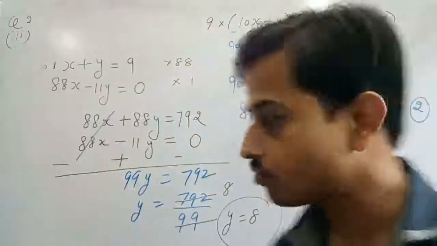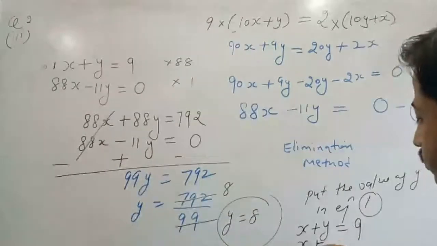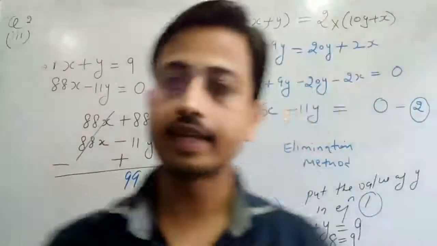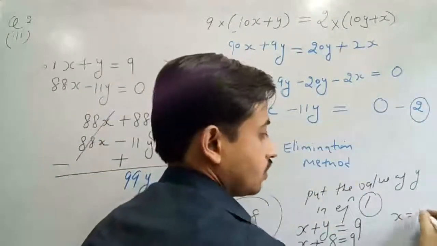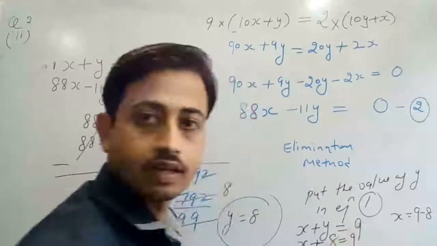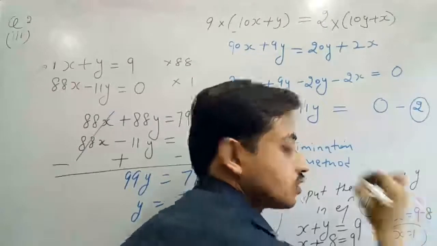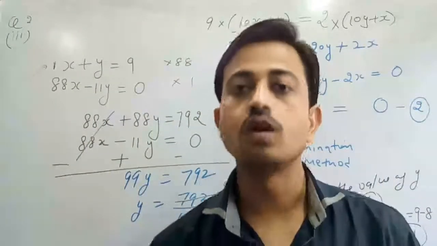Now what's the value of x? The value of y is 8, so x plus 8 is equal to 9. Take 8 to the right side. So x is equal to 9 minus 8, and 9 minus 8 is 1. So we get x is equal to 1. So y is equal to 8 and x is equal to 1.